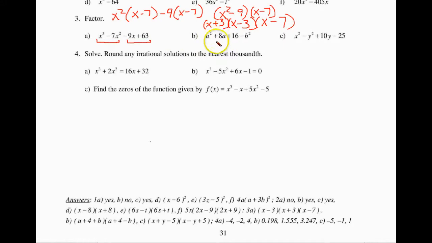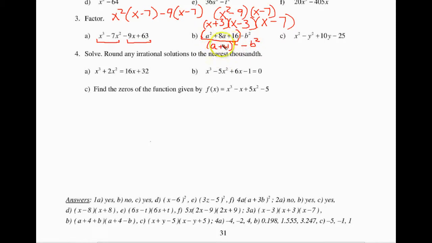And I guess we're going to do that here. Maybe not. Do you see right here? This, if we put parentheses around it, factors into a plus 4, the quantity squared. This is a perfect square trinomial minus b squared.